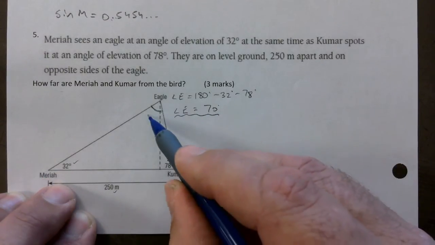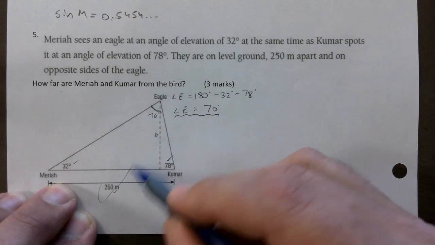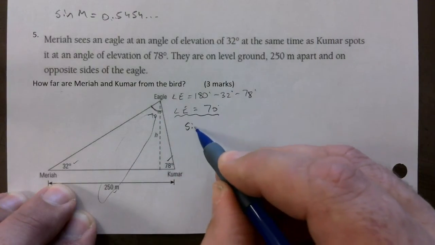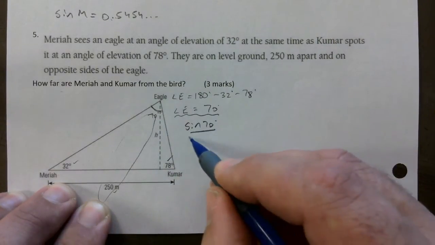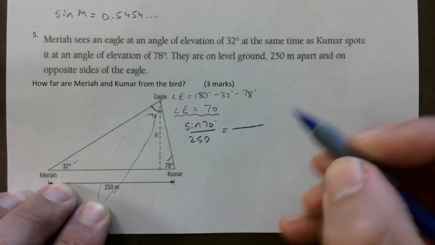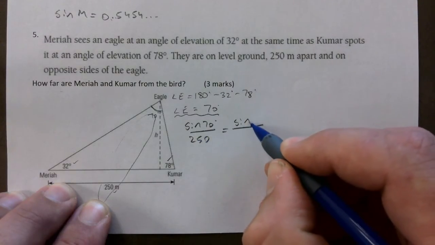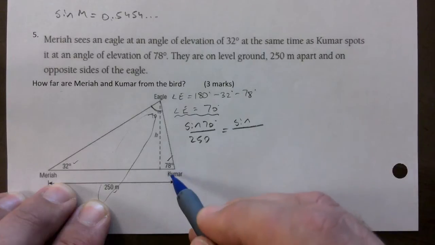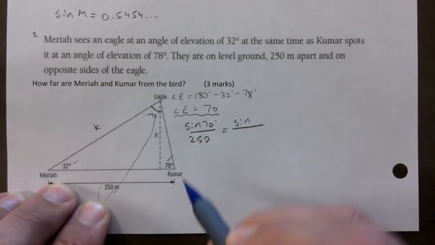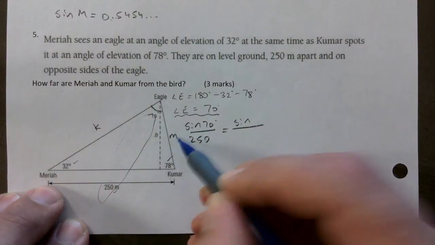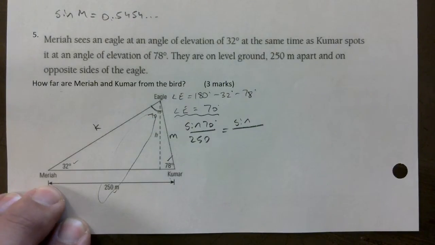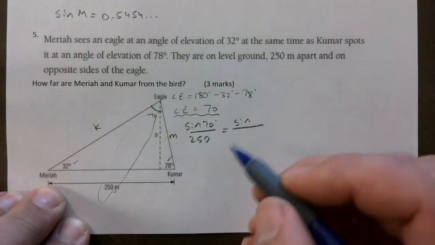Important to me. Now I have a pair there. So sine of 70 over 250. Sine of, you have to be careful. If you want to call this K and this is lowercase m, you just have to be careful when you answer, and you'll see what I mean in a bit.